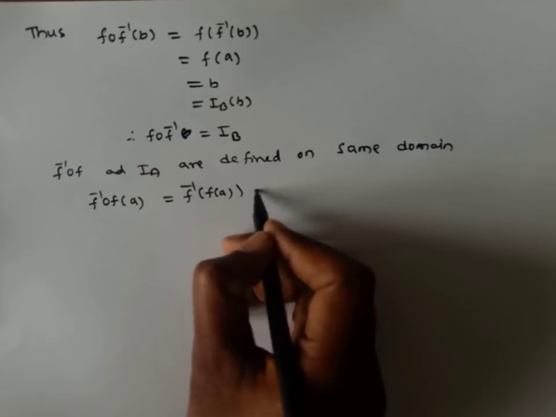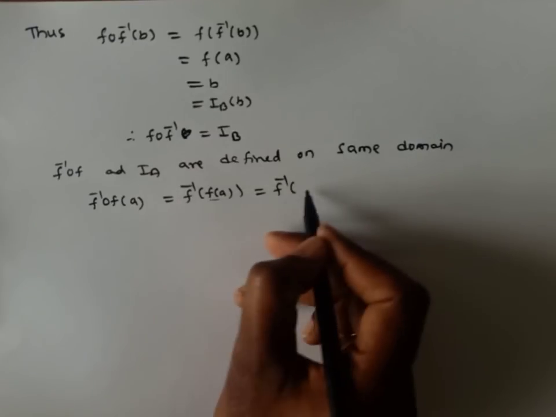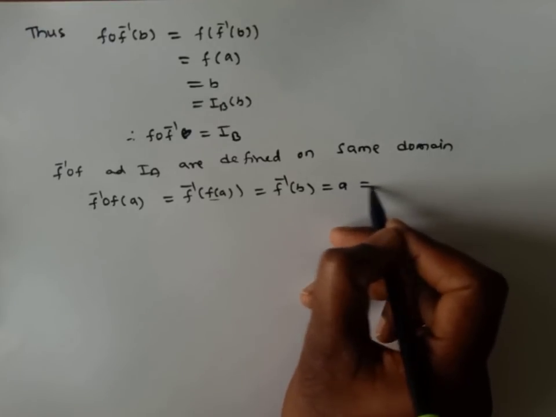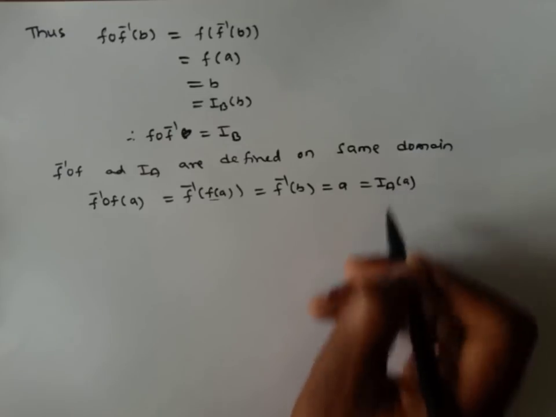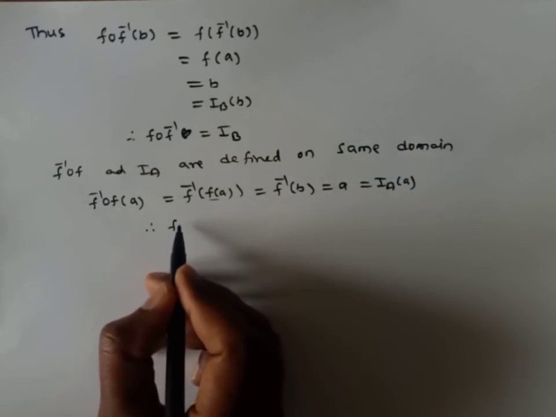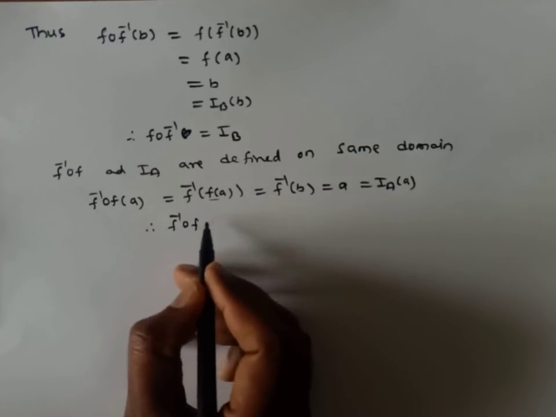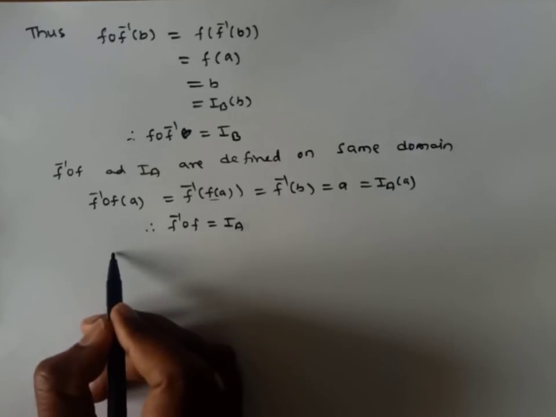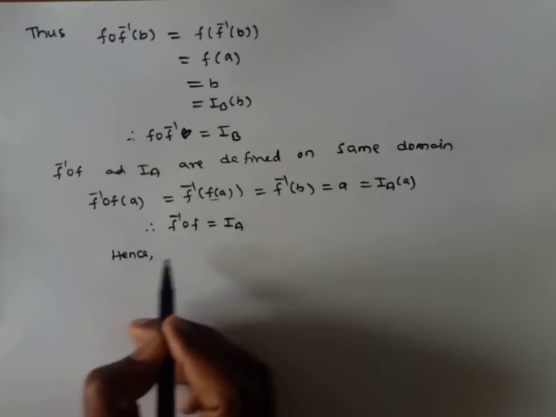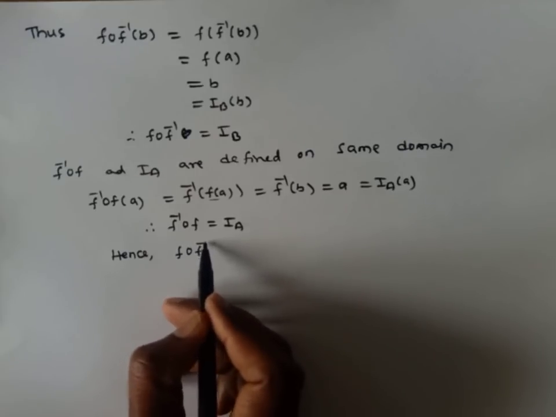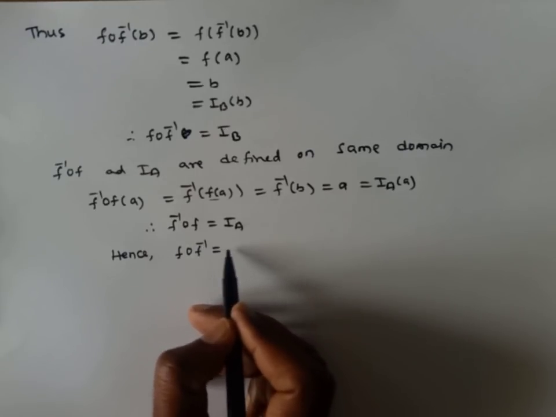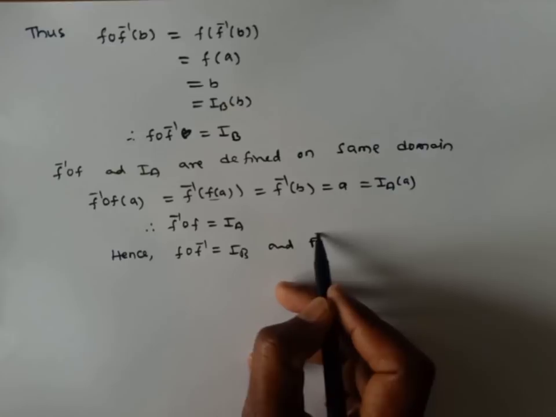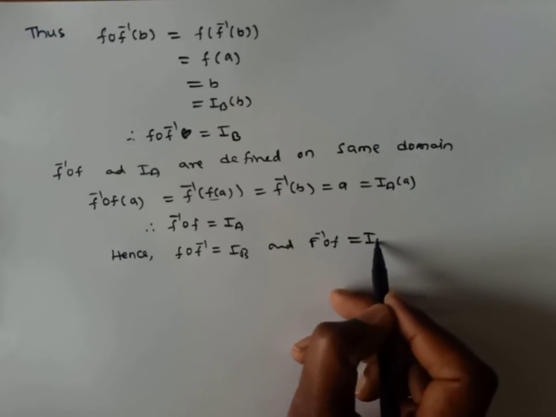Here f of a is nothing but b, right? f inverse of f of a means f inverse of b, which is nothing but a. So we can write it as IA of a. Therefore f inverse circle f of a is equal to IA. Hence f circle f inverse is IB, and f inverse circle f is IA.